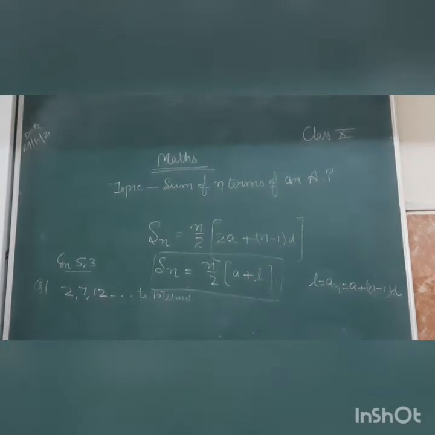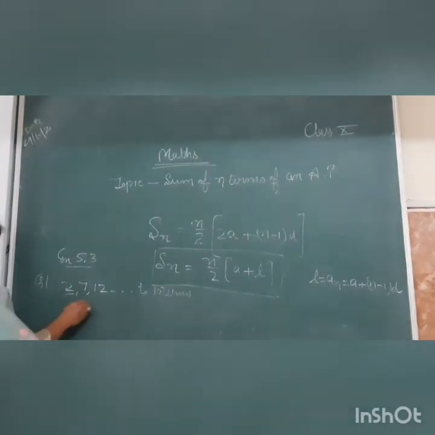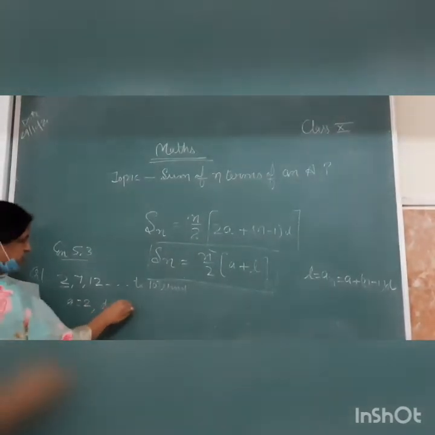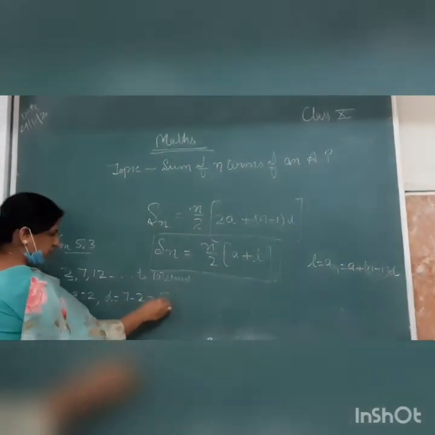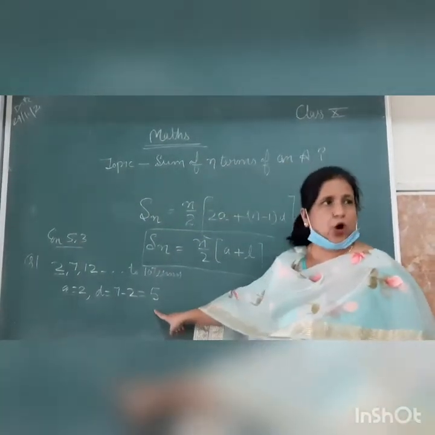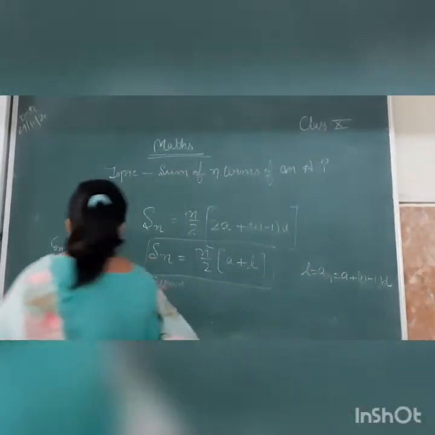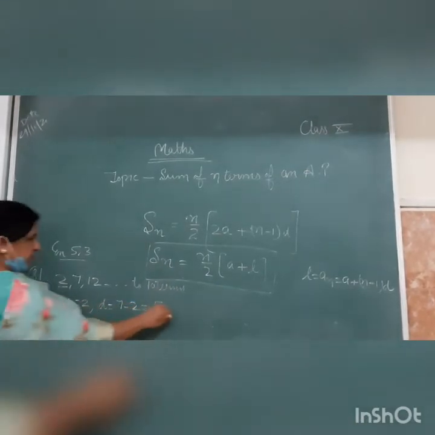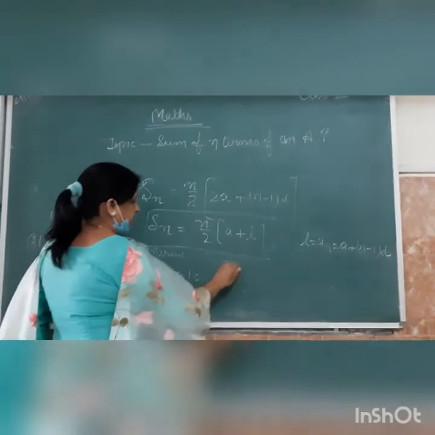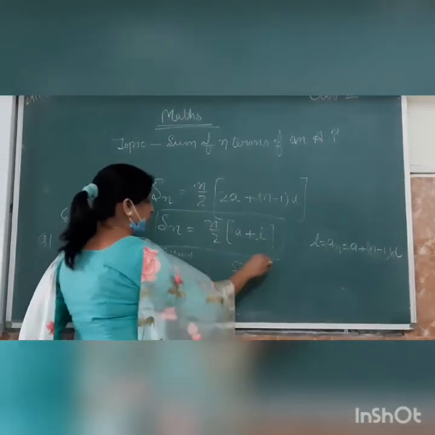Try to understand it. a is the first term, and d is the common difference, second minus first, which is equal to 5. Up to 10 terms, so n is also 10.